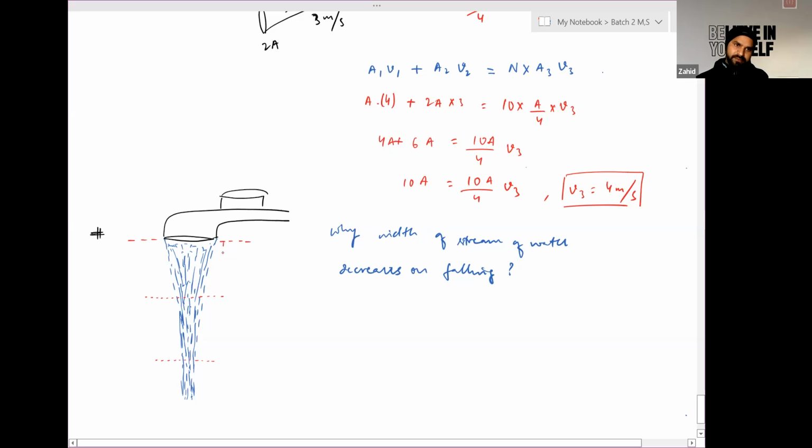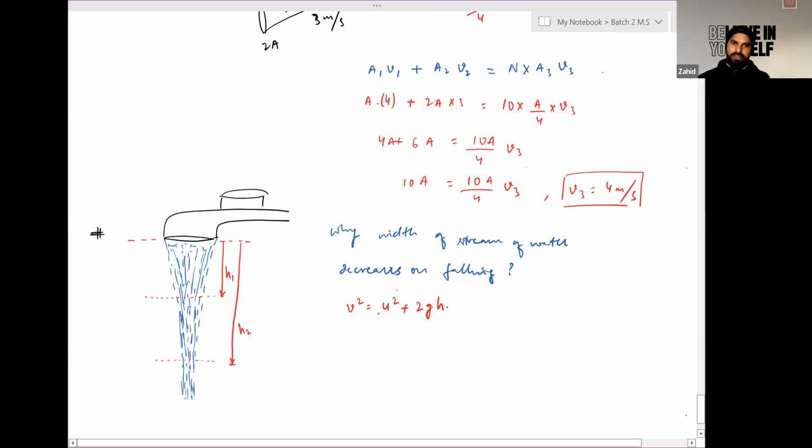As it descends from this point to this point, height will be h1. On going from this point to this point, height will be h2. According to the third equation of motion for a free falling body, v square equals u square plus 2gh.